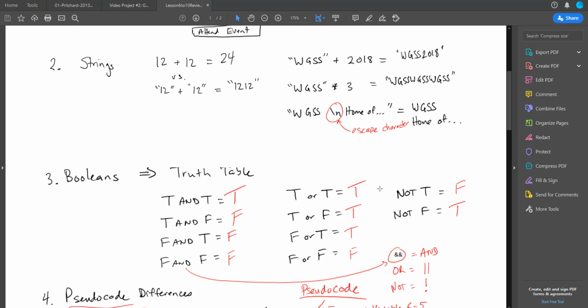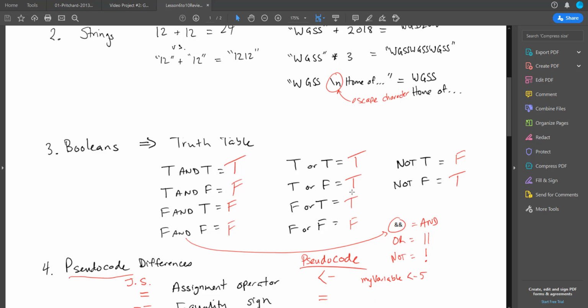Booleans, we've talked about truth tables long ago, so just being very careful that AND is kind of more restrictive. Both of the items have to be true before they evaluate to true, right? If one of them's false, the whole thing's false. If one or more is false, right?